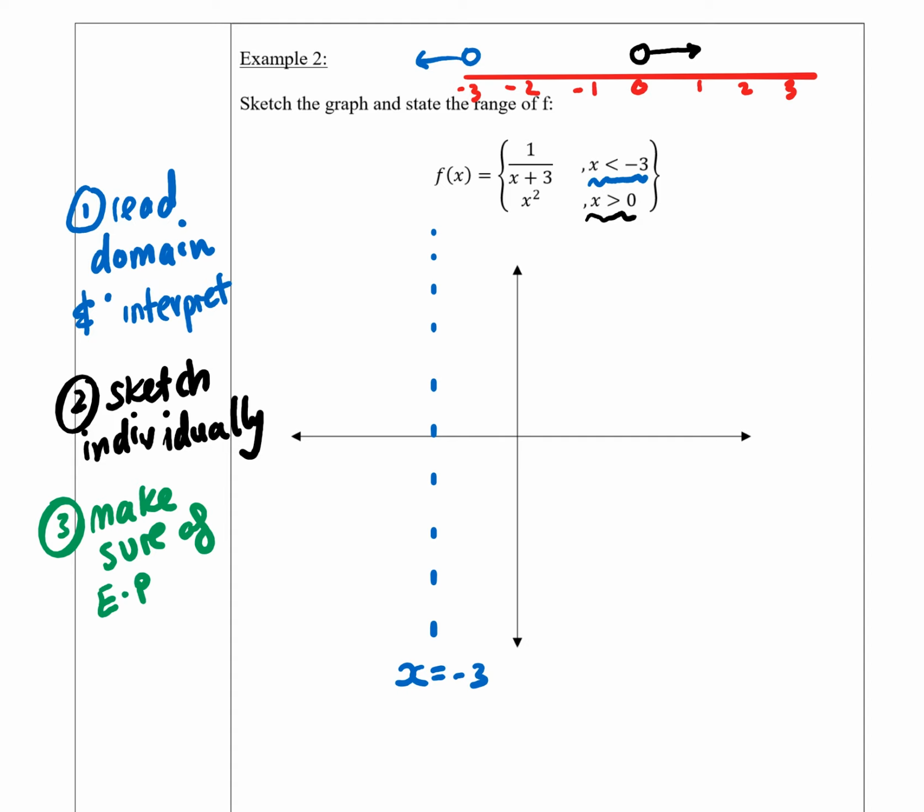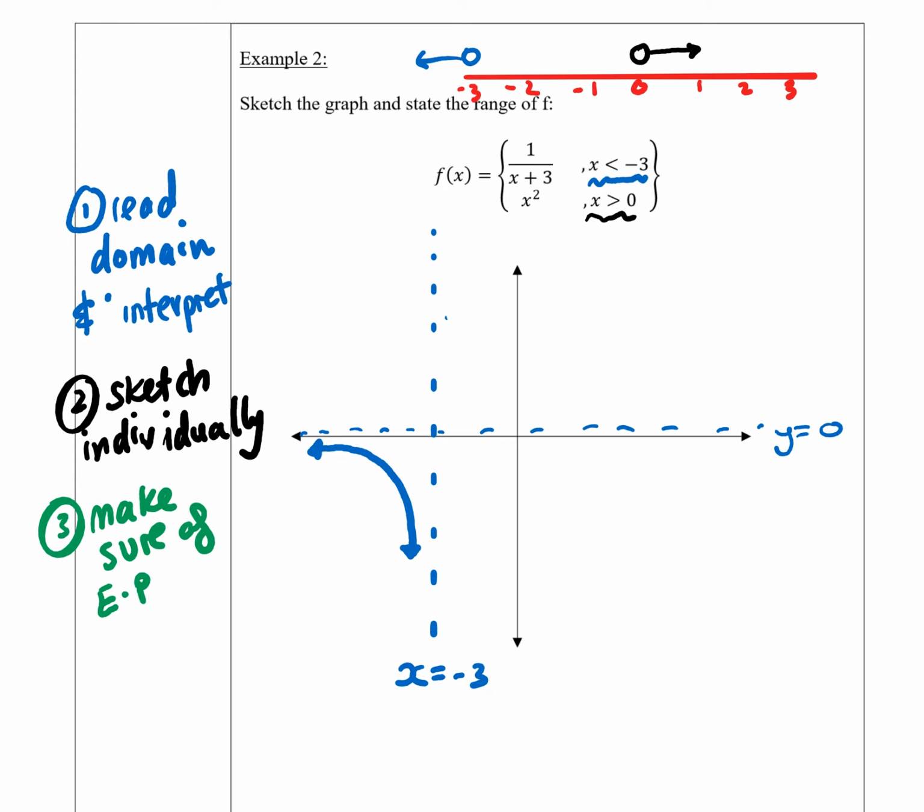Now, given that there's no plus k, we've also got an asymptote here at y equals 0. So usually I might see a hyperbola that looks something like this. But because I'm only interested in what's to the left of -3, I can rub this section out. We might try and just fix this shape a little bit as well. And there we go.